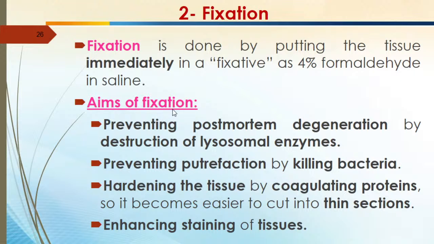The aims of fixation: preventing post-mortem degeneration by destruction of lysosomal enzymes, preventing putrefaction by killing bacteria, hardening the tissue by coagulating proteins so it becomes easy to cut into thin sections, and enhancing staining of tissue.